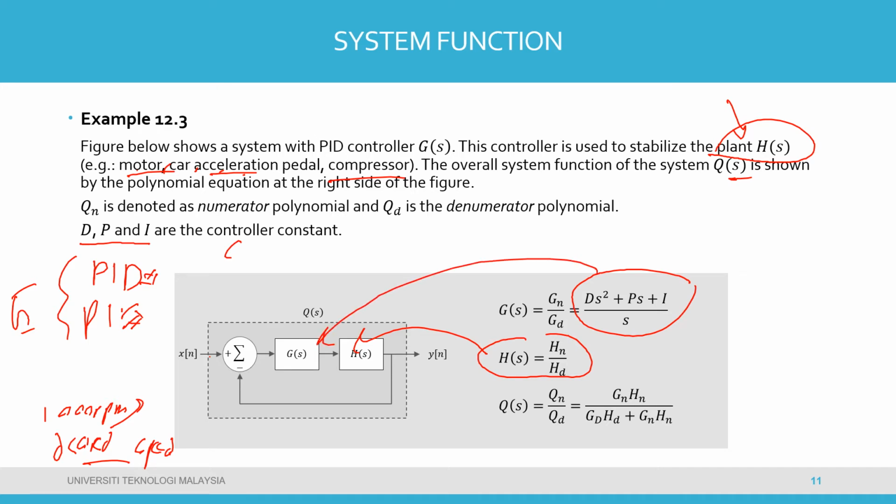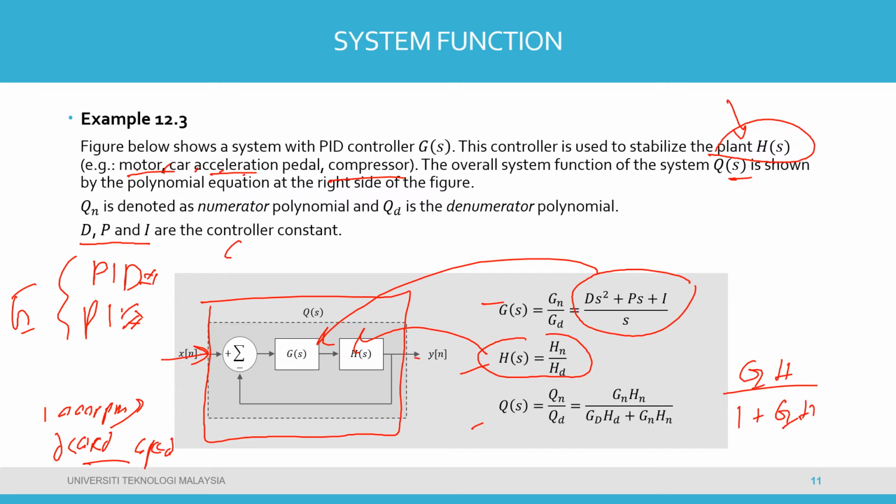And Q is basically, I think you have to learn it, G hash divided by 1 plus G hash, if not mistaken. You multiply this with this, you get Q. Basically, you have one system Q, you have input here, you have output. All of this you will learn in control, maybe in third year, but basically you will use polynomials to solve this problem.